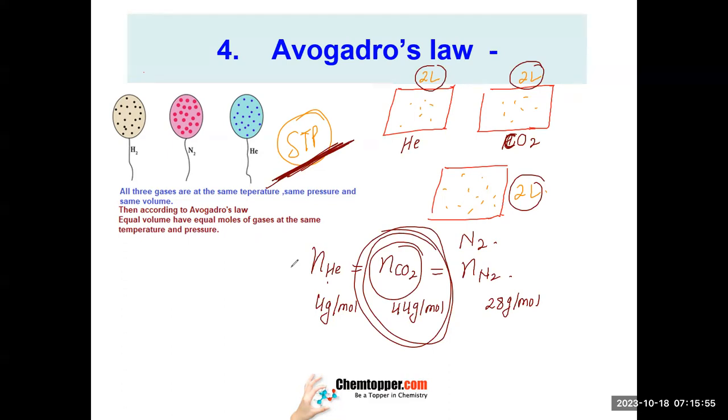So if their moles are same, then this is going to be the heaviest. Okay. But generally we discuss in terms of moles and grams, not in terms of density, Vivan, right? Yes, because the moles are equal, so you just take the highest molar mass.